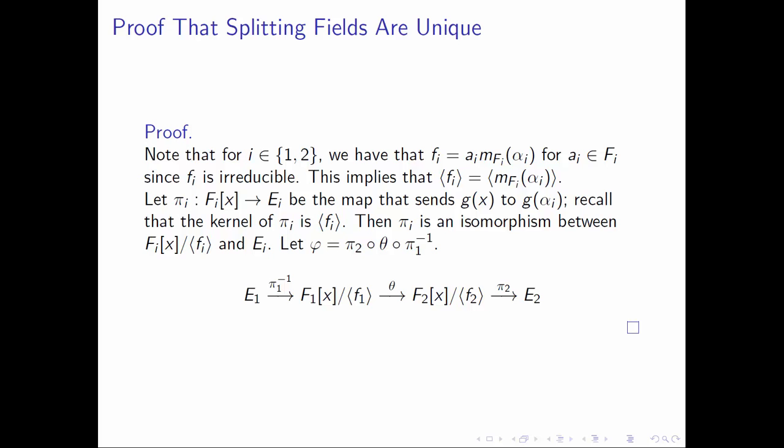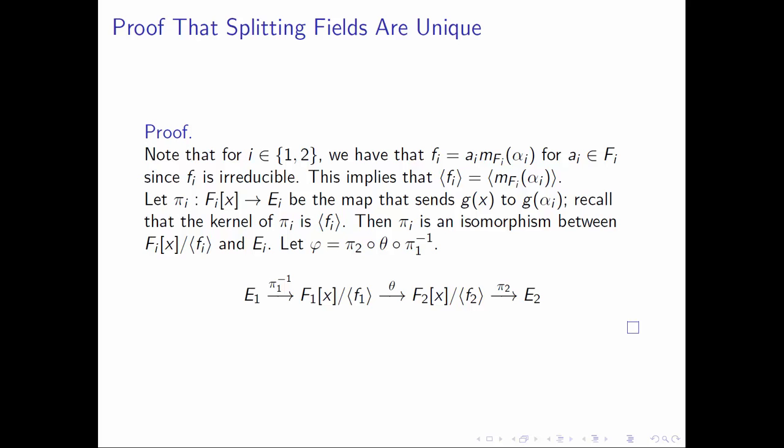The map that's a little bit trickier to understand is the map theta. Again, I'm abusing notation here. Theta originally was a map from F1 to F2. We extended it, as I discussed previously, to a ring isomorphism from F1 adjoined x to F2 adjoined x. What we have to see is that that map theta again carries over to a map on these factor rings, F1 adjoined x modulo the ideal generated by f1 to F2 adjoined x modulo the ideal generated by f2.